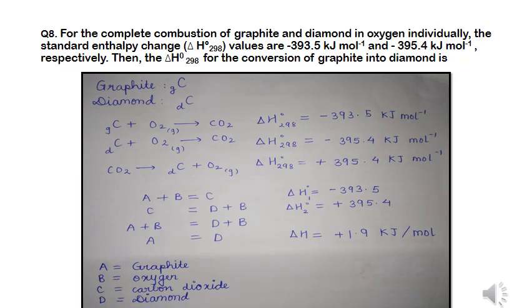And B and B, that is oxygen from both sides, will get cancelled. So you will get A is equal to D, and this is exactly what we want, graphite changing into diamond. So the standard enthalpy change for graphite changing into diamond is 1.9 kilojoules per mole.